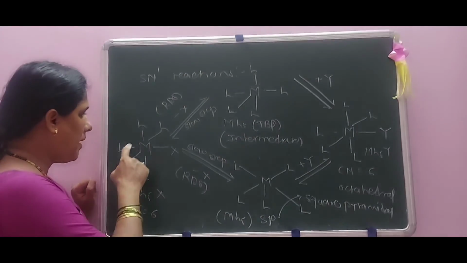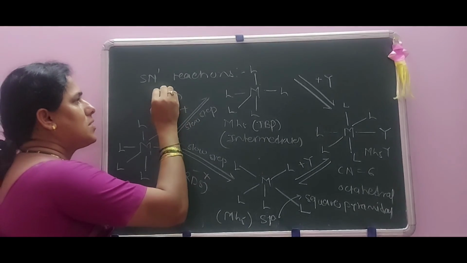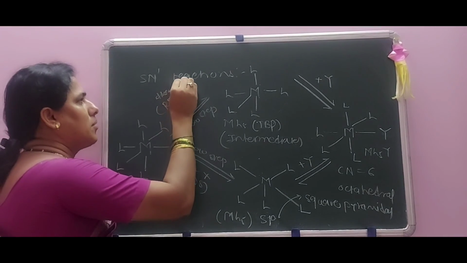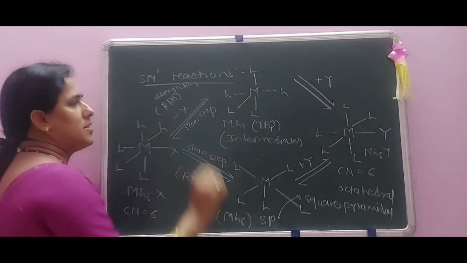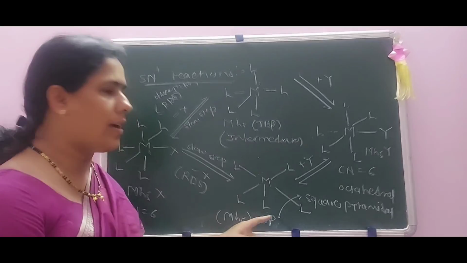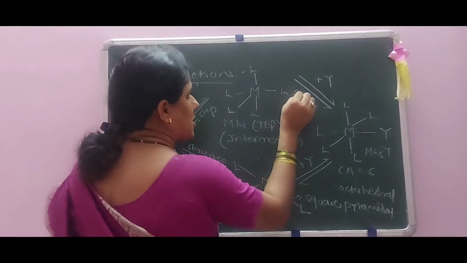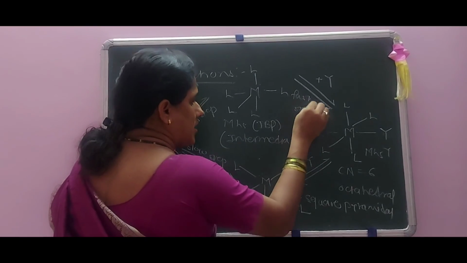This is octahedral ML5X. The first step is called the dissociation step. In the SN1 reaction mechanism, there is the formation of either a trigonal bipyramidal or a square pyramidal intermediate in the first step.